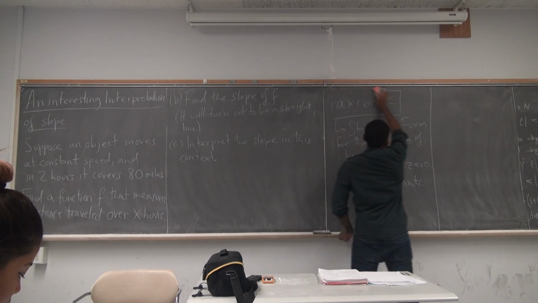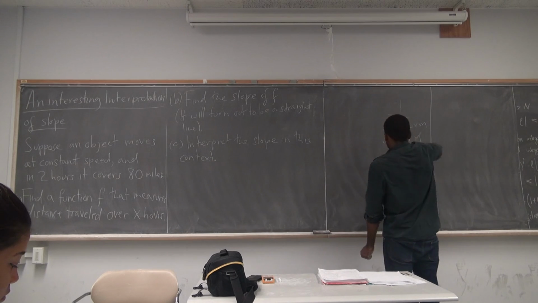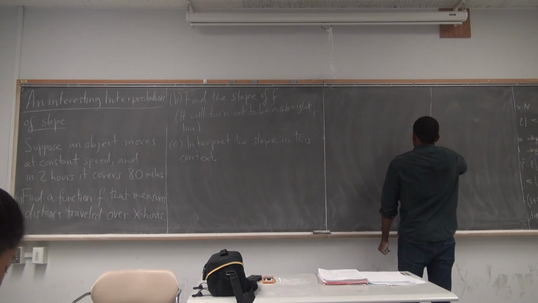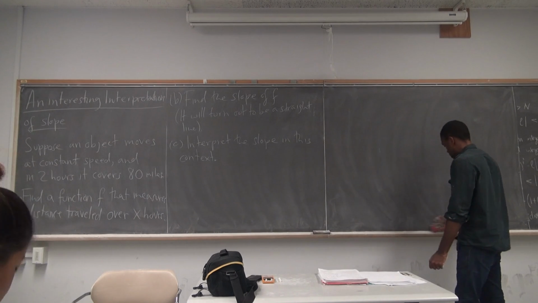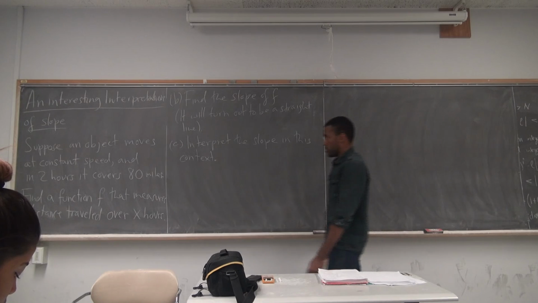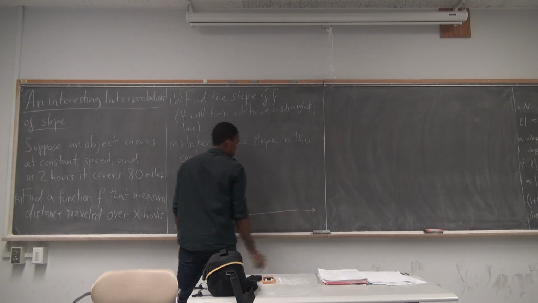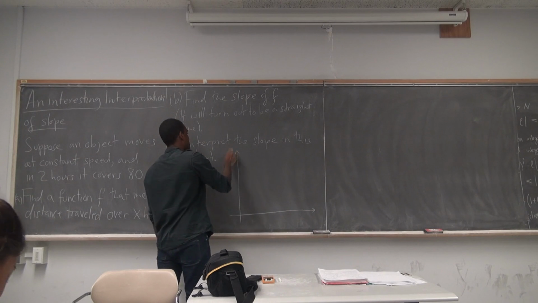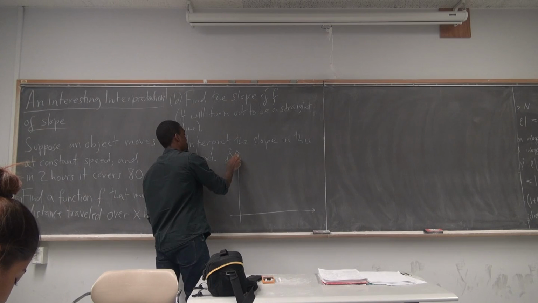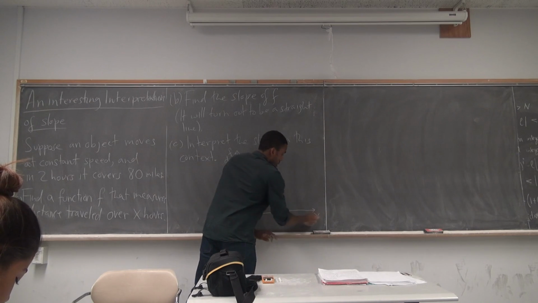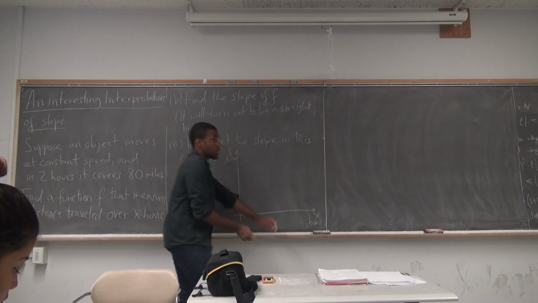Okay, so if we're going about trying to figure out what this thing would look like, how would we try to figure that out? So here's my function f, and f is measuring the distance that this thing is traveling. And x is representing the time in hours.